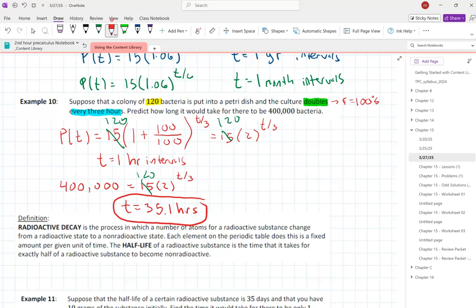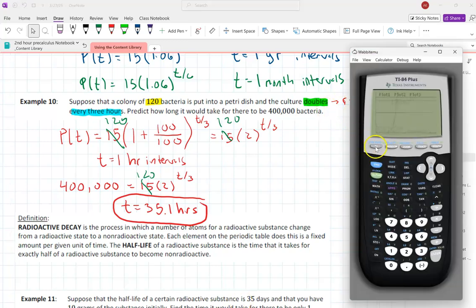Everybody feel okay there? Just to show you that if we did it as Will had suggested and just did it with 3-hour intervals, so we would have just 2 to the x, we do the same thing and find that intersection.